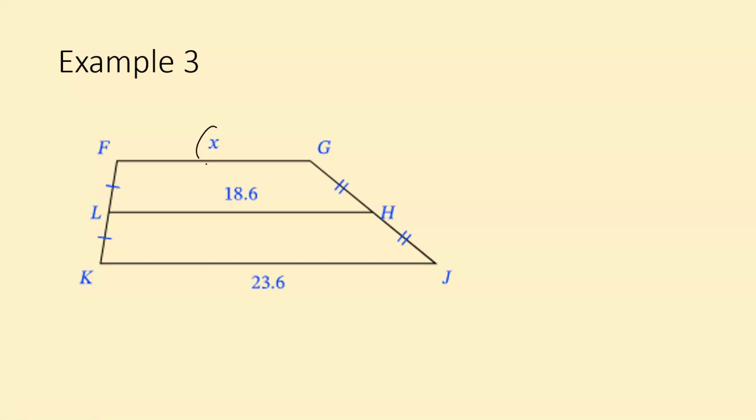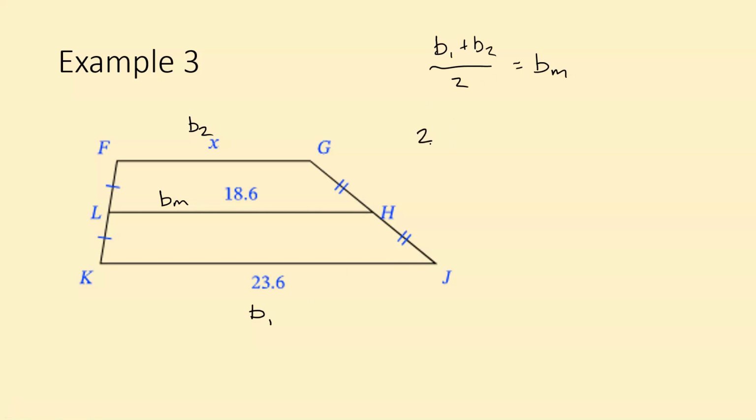So even though we don't know what this base is, since we do know what the mid-segment is, we can set up an equation. Remember what I said before. If I say this is B1, this is B2, and this is BM, our formula would be B1 plus B2 divided by 2 equals BM, and then we can just plug in our things.